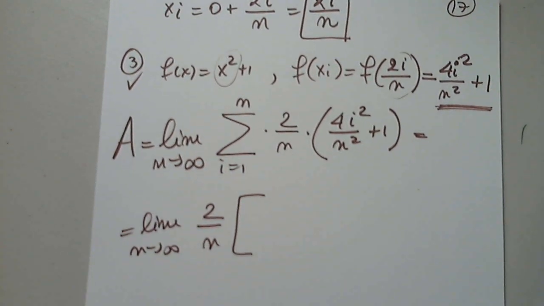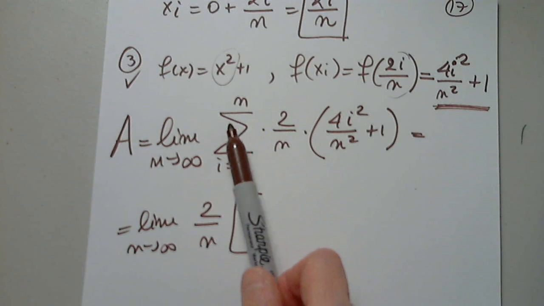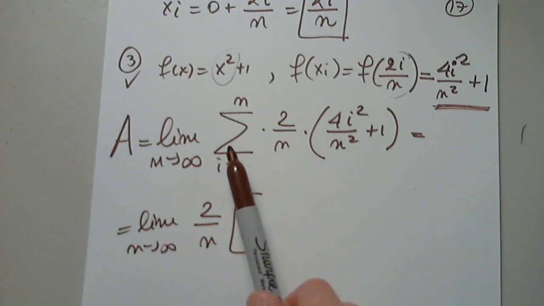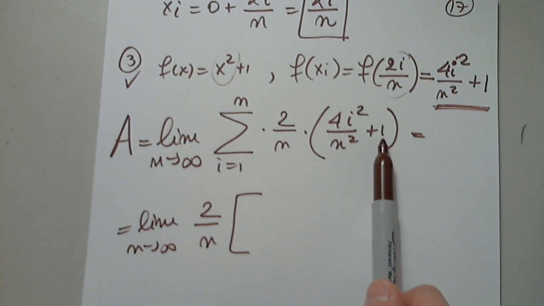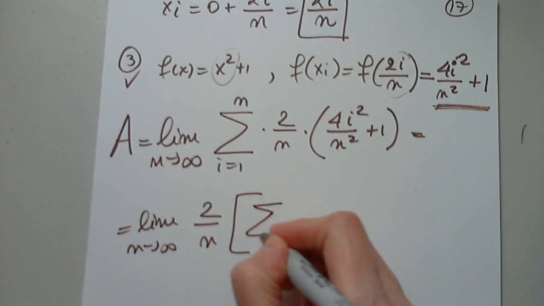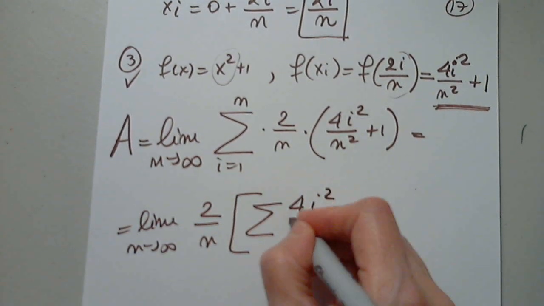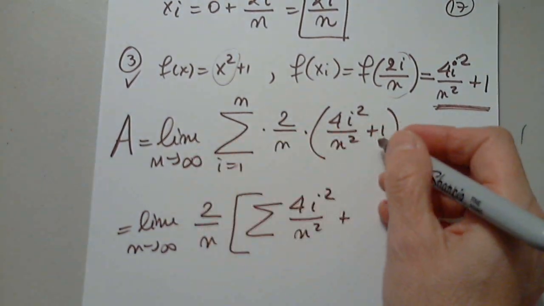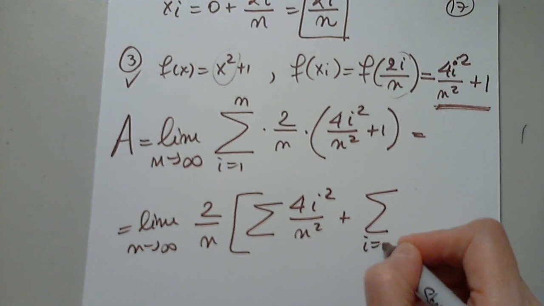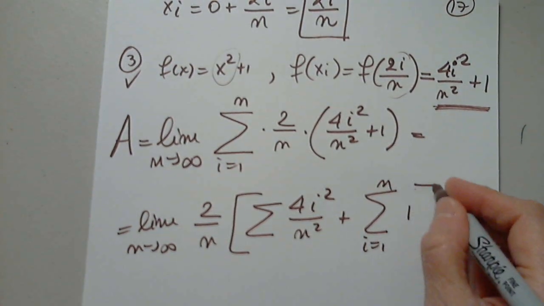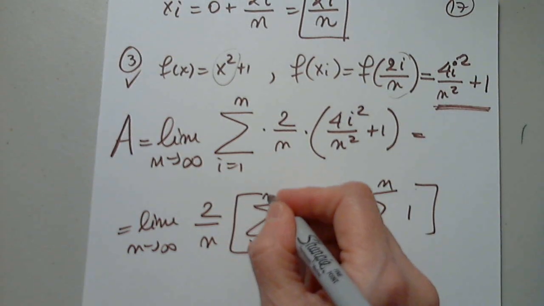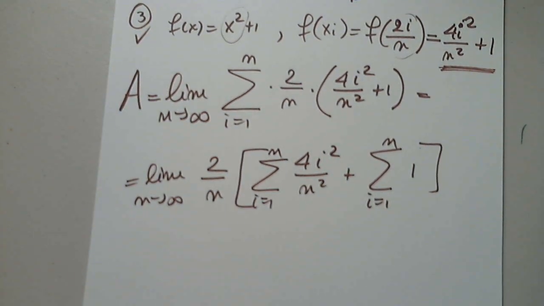Now, we talked about the properties. The summation of ai plus the summation of bi. So the sum of 4I squared over n squared plus the sum of 1. But I know what this is.